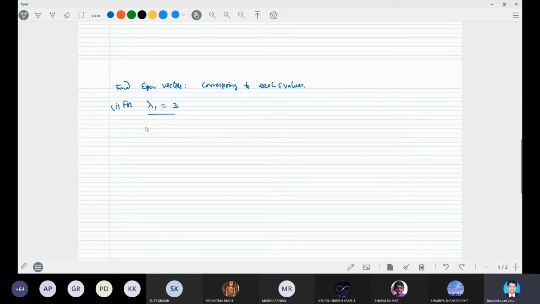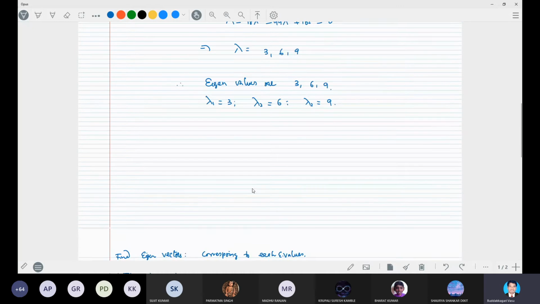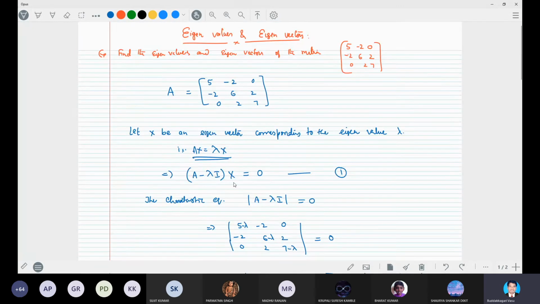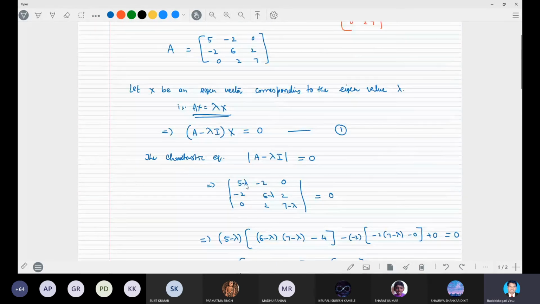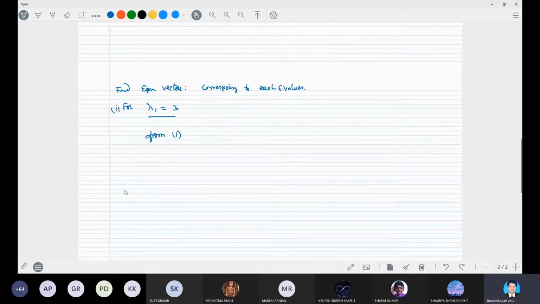So from equation 1, that must be satisfied now. We have to find x. X means the eigenvector corresponding to the eigenvalue lambda 1. Let the required eigenvector be x1 corresponding to the eigenvalue lambda 1.